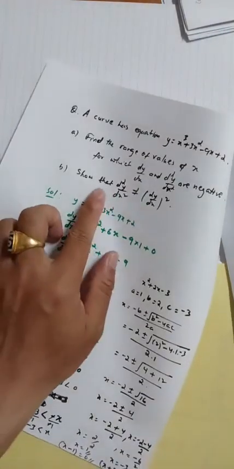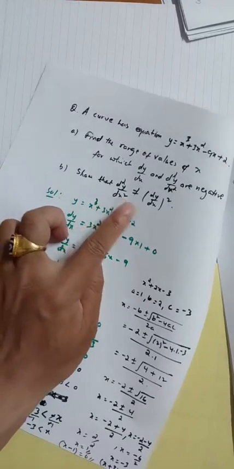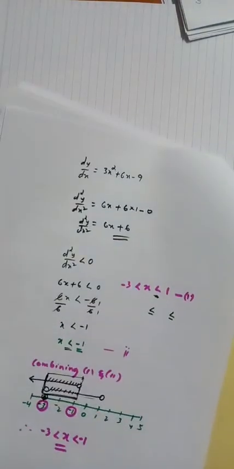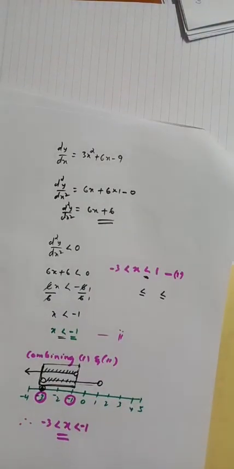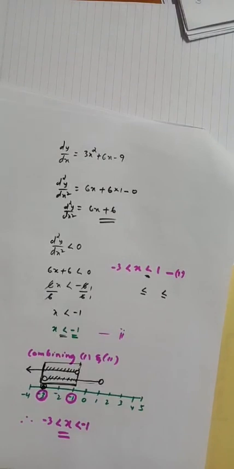So the question says: show that d2y over dx square is not equal to dy over dx whole square. We have to prove this.